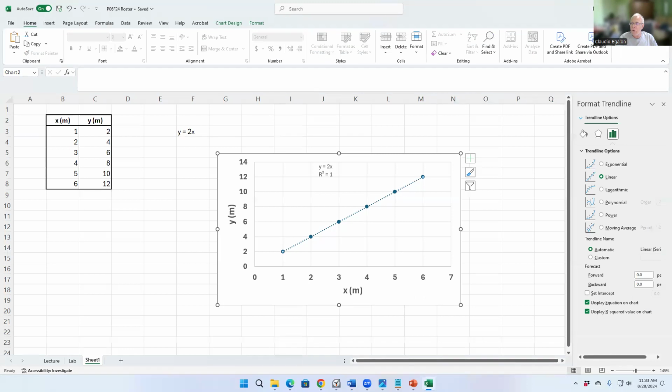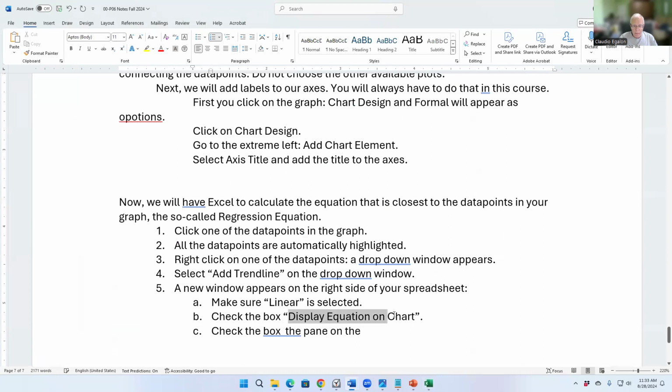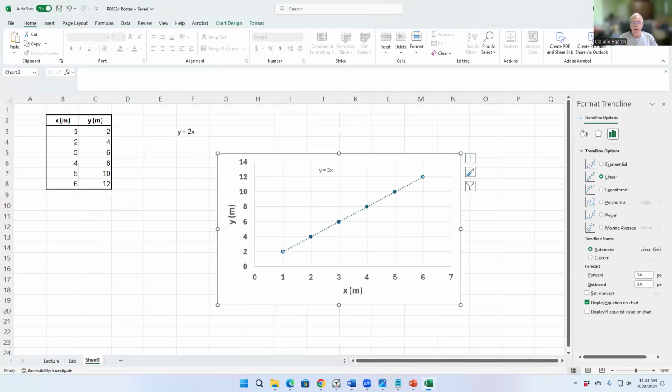Display R square value on chart. You'll be doing all of that for every linear chart that you have. Okay. There's more that we can do.